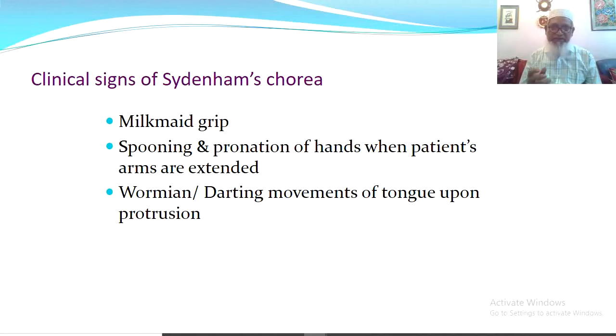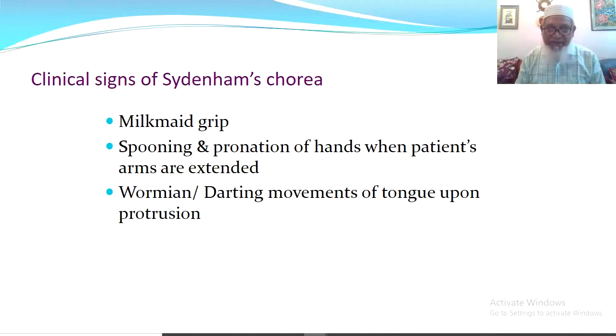This is like the movement made by a milkmaid during milking. There is also spooning and pronation of the hands when the patient's arms are extended. If you extend your arms, the patient will protract them like this, and the hands will be extended.